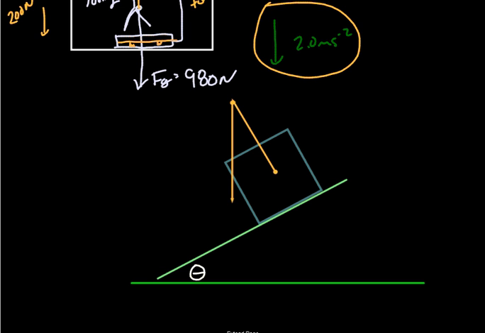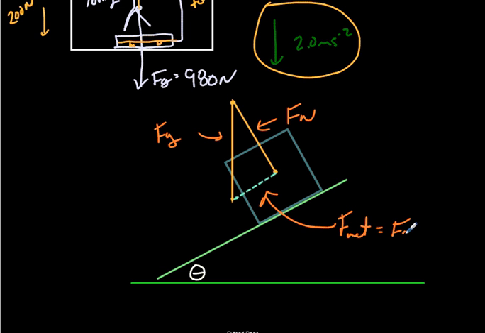The sum of these two vectors gives us a net force that looks like that. So the net force on this object, F net, is the sum of Fg plus Fn. Now the question is, how do we sort out what these values are?